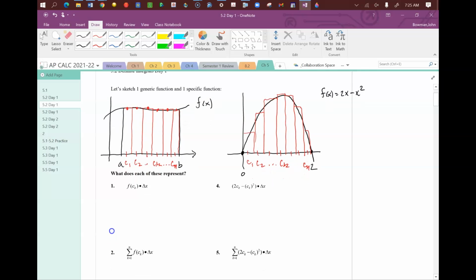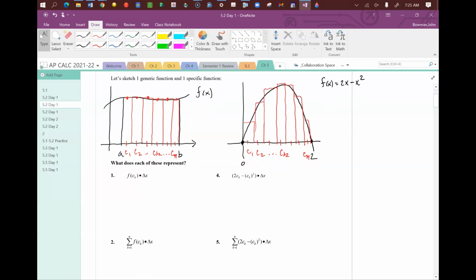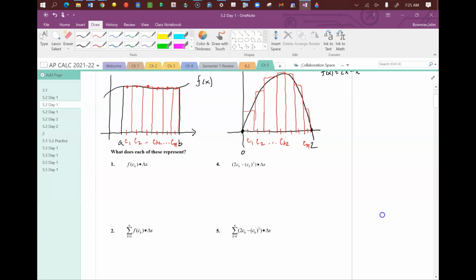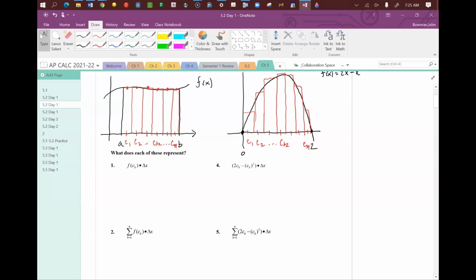All right, so what we're going to do is move from very specific parts of this, where there are estimations of areas under the curve, to the exact value. So we're going to break down each of these expressions and explain what they mean.